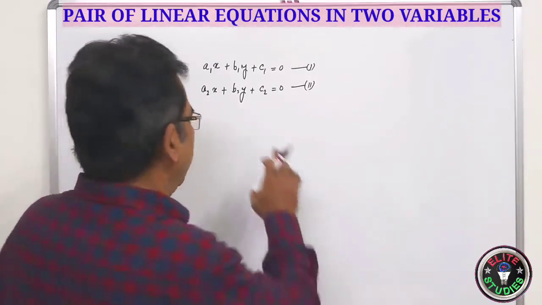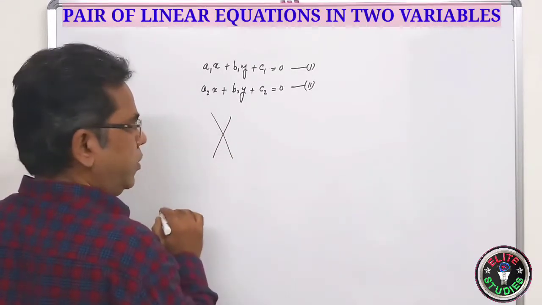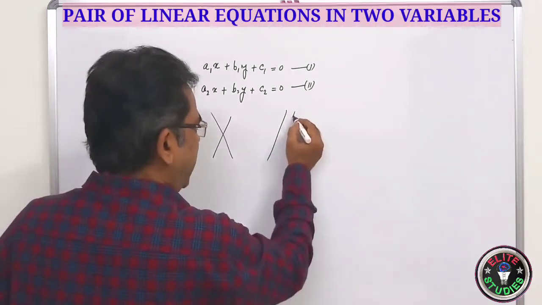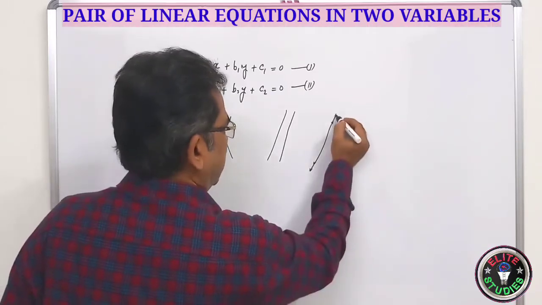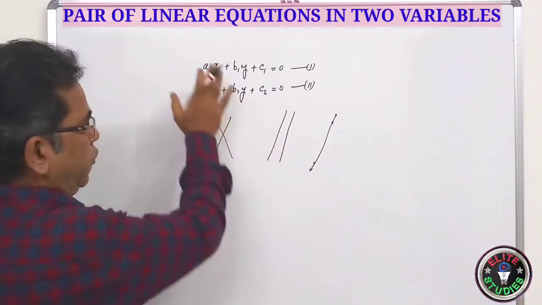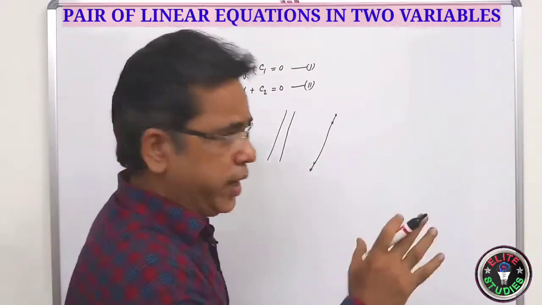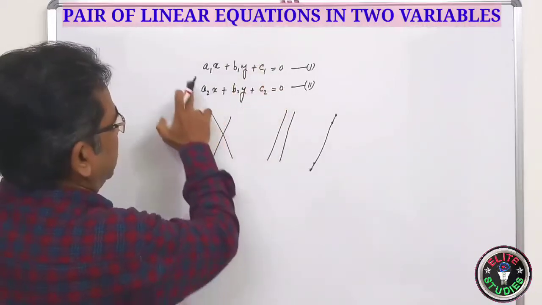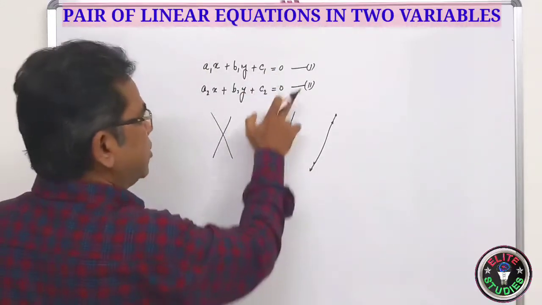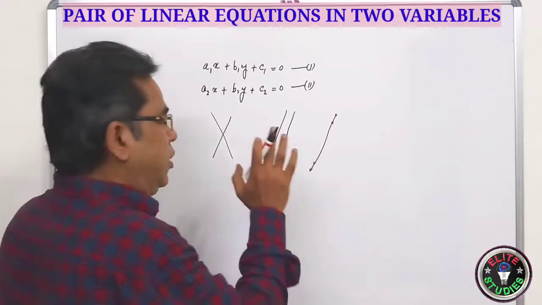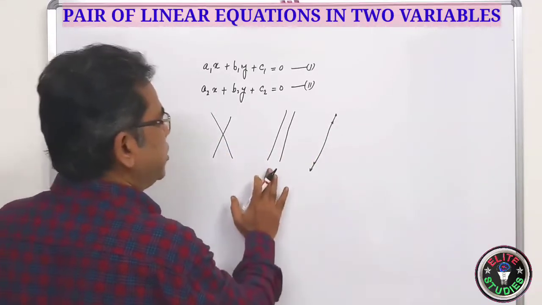In other words, whether the graphs will be intersecting, or parallel, or coinciding. If you draw the graphs, you can easily get it. But without drawing the graphs, we have to predict by looking at the equations only. At a glance, we should be able to predict whether the graph will be like this, or like this.